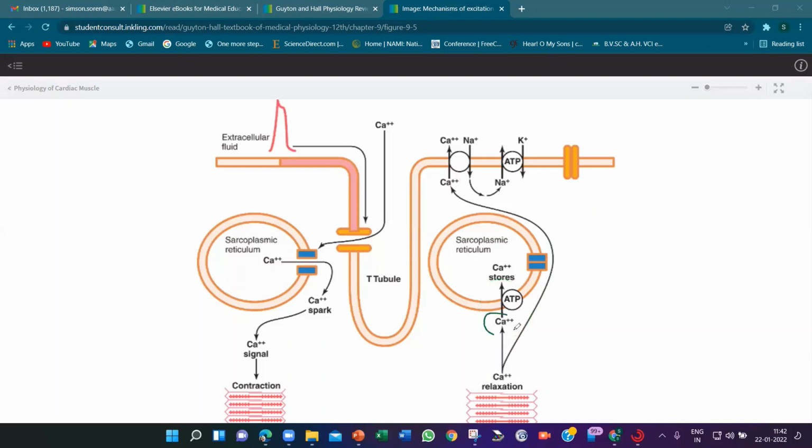So calcium is pumped into the sarcoplasmic reticulum, and also calcium is removed to the extracellular fluid by the calcium sodium exchanger. As it exchanges with sodium, calcium comes out of the cell and sodium comes inside the cell, and this sodium is pumped to the extracellular fluid by the sodium potassium ATPase pump. So the muscle is relaxed and again ready for another action potential.